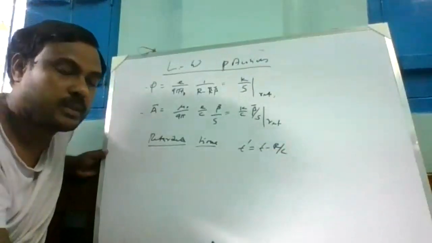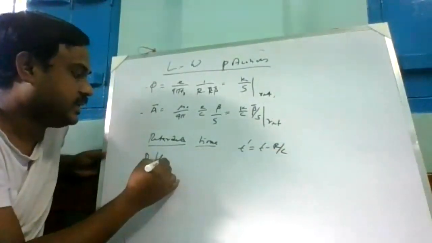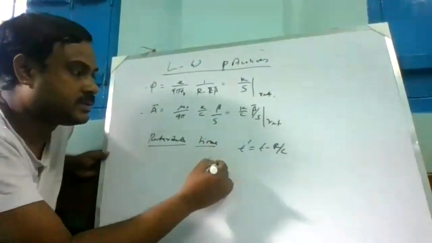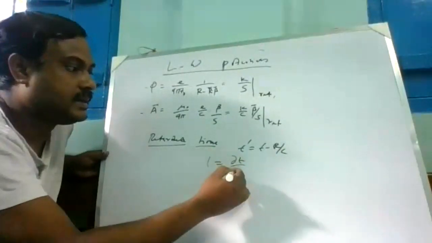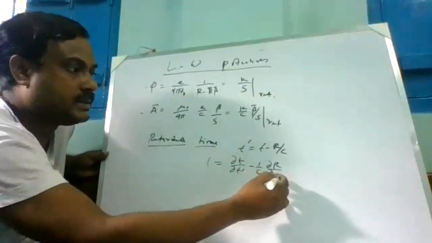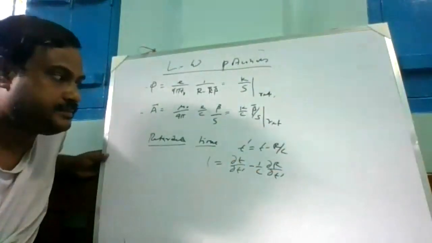So differentiating with respect to t dash, 1 equals del t by del t dash minus 1 by c del R by del t dash. Now del R by del t dash has been evaluated. I have done it.